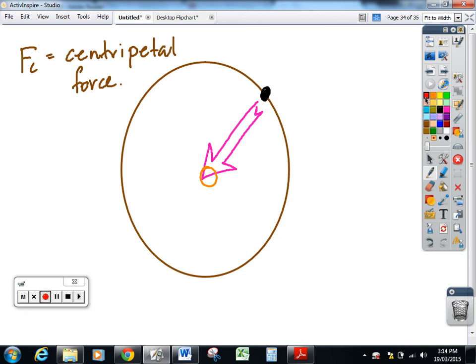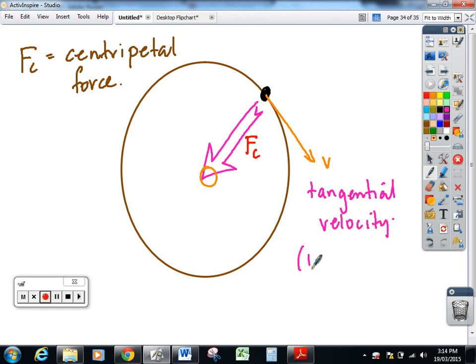And that force is called the centripetal force. It doesn't make it go faster or slower, so the speed doesn't change, so it still has a constant speed. So we call this the tangential velocity, and it is unchanged.